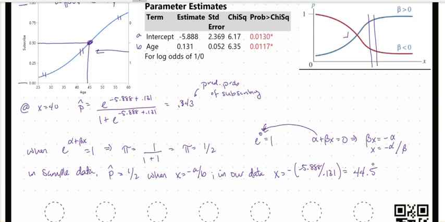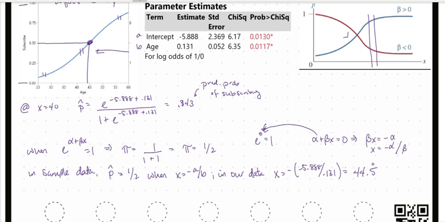After they hit 44.5 years old, we're going to start to see people subscribe at a higher probability than 50%. And people who are younger than 44.5 years old are subscribing less than 50% of the time. Fewer than half of those people of those ages are subscribing.